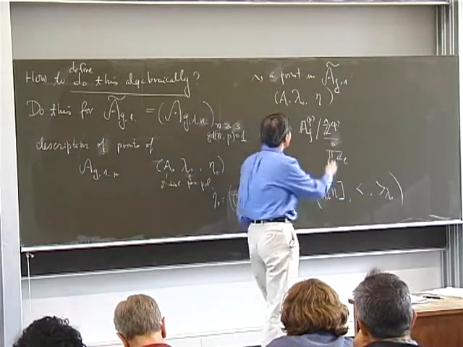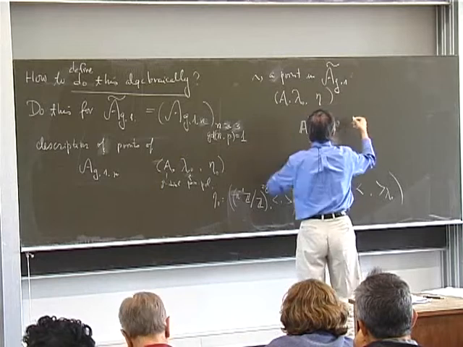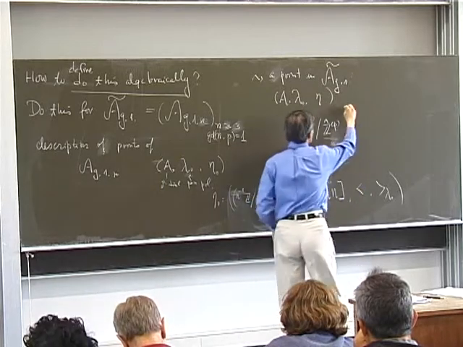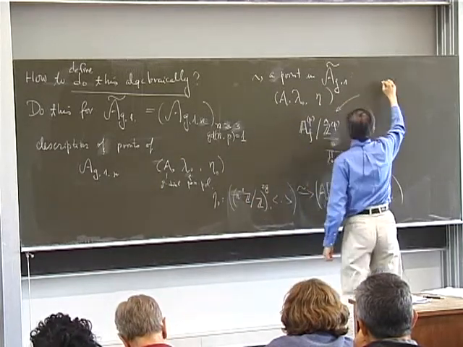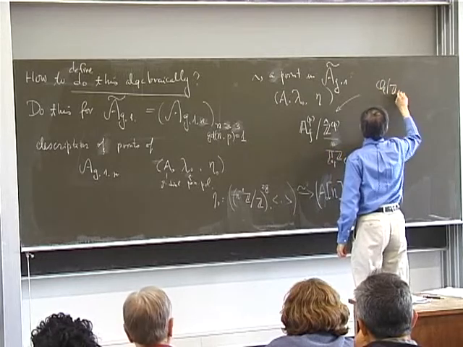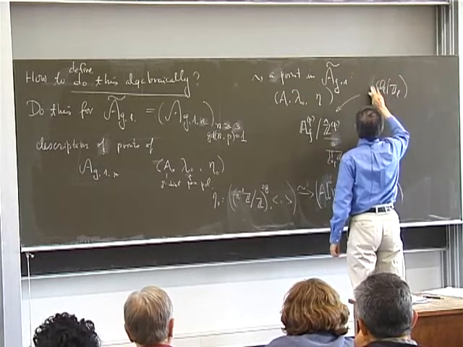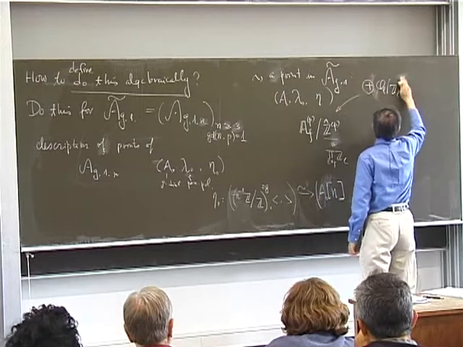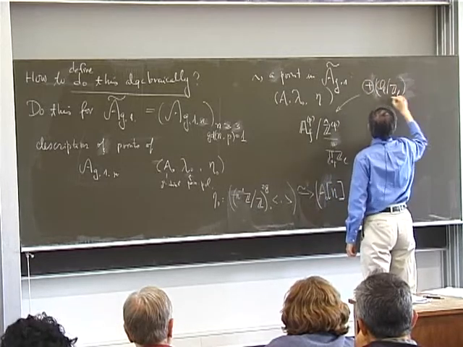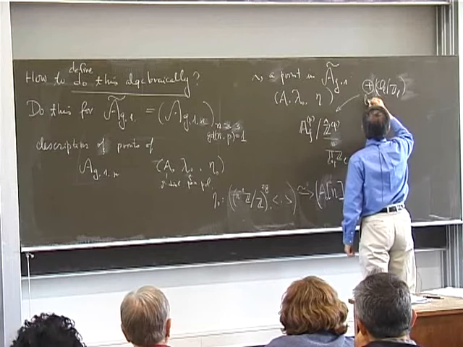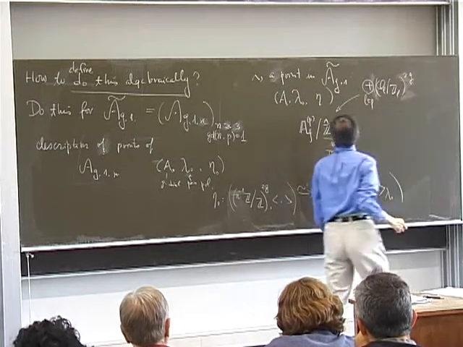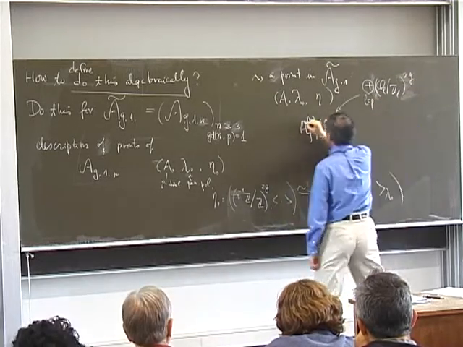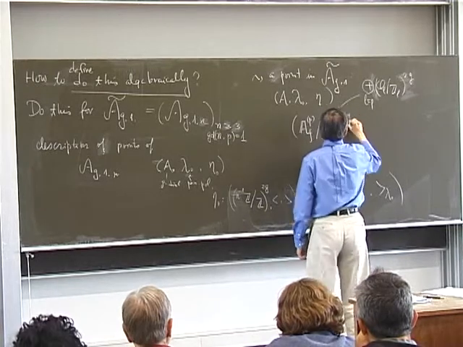So what is this? This is, if you like, Q_l mod Z_l, and then the direct sum taken over all l different from p and 2g copies. Oh, there's no 2g, but I'm going to write 2g copies. So that's that.